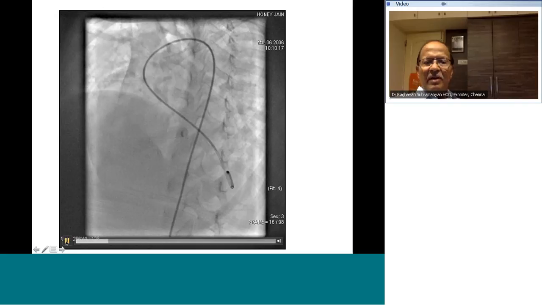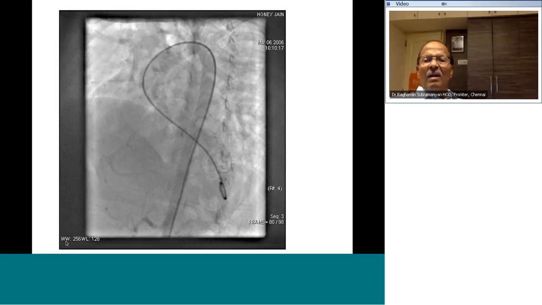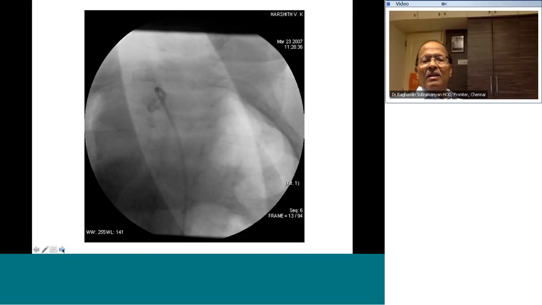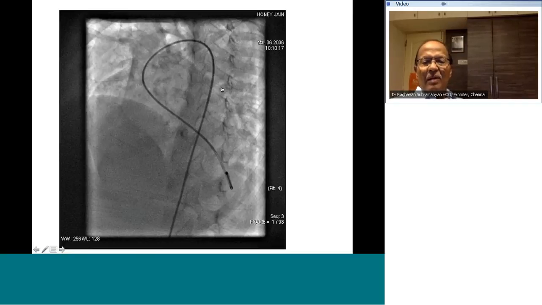Come on, I'm not getting any answer. Partial, because there's no RV filling and there's no PA filling. Now this is a different patient from the previous patient. So this is also a gooseneck, but this is a different angio. So this is a partial AV canal defect without a ventricular septal defect.